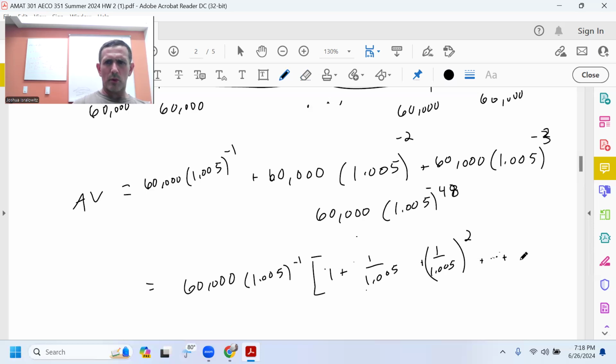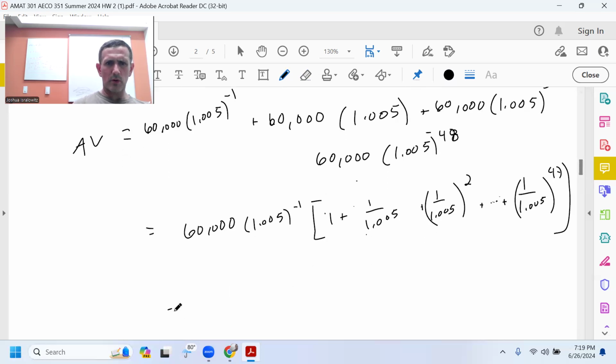So this all the way up to 47. So this would equal 60,000. Or if you want 1 over 1.005, that probably is a little simpler. Makes a little bit more sense, probably.